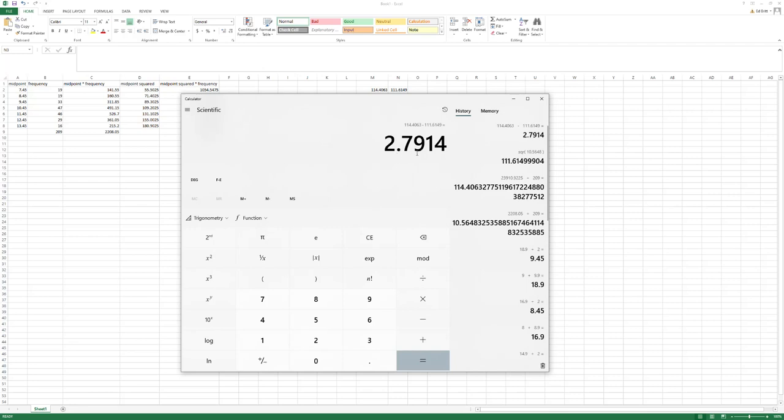And more than likely, it's probably going to tell me to round it to 2 places. It depends on what the problem says. Most of the time 2 places is pretty accurate, pretty common. So my population variance would be 2.79. Okay, if I wanted the population standard deviation, I would take the square root of that.